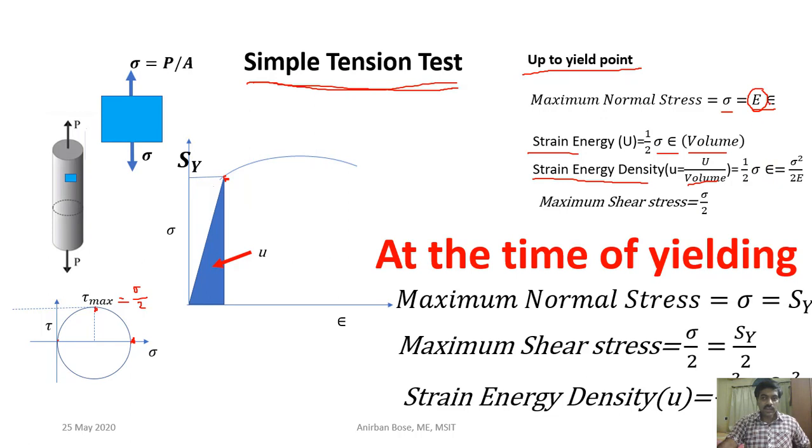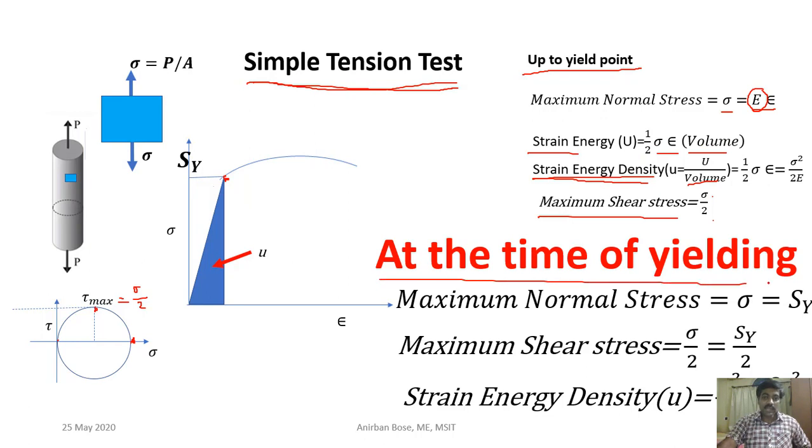Now strain you can write as sigma divided by E, so it becomes sigma square by 2E. So the strain energy density is equal to sigma square by 2E. Maximum shear stress is sigma by 2, and strain energy is half into stress into strain into volume. These are the important pieces of information.